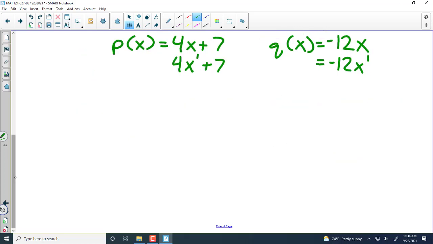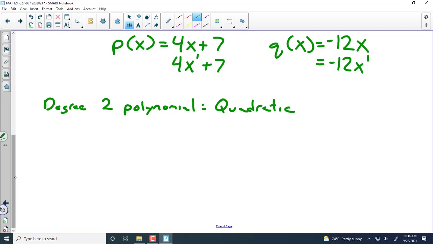We know what a degree 2 polynomial is. A degree 2 polynomial is a quadratic. And as we kind of know now, we're going to see our quadratics in 3 different forms. Sometimes we'll see them written like this. That's the standard way to write them.